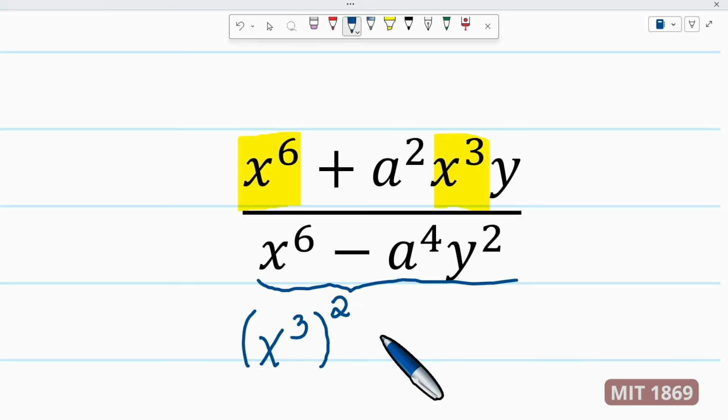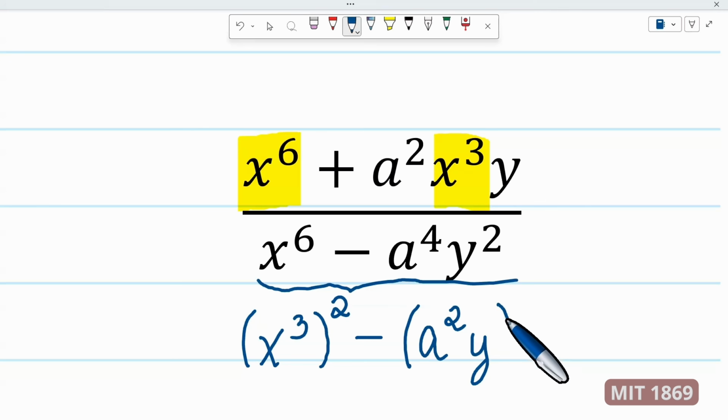I made a square appear. In the subtraction, I'm going to make a square appear here as well. How? Same thing. I'm going to take the 2, leave it here squared, and the y and all of that squared. Again, I used exponent properties: 2 times 2 gives 4, 2 times 1 gives 2. Is that right? So now we have one term squared minus another term squared.